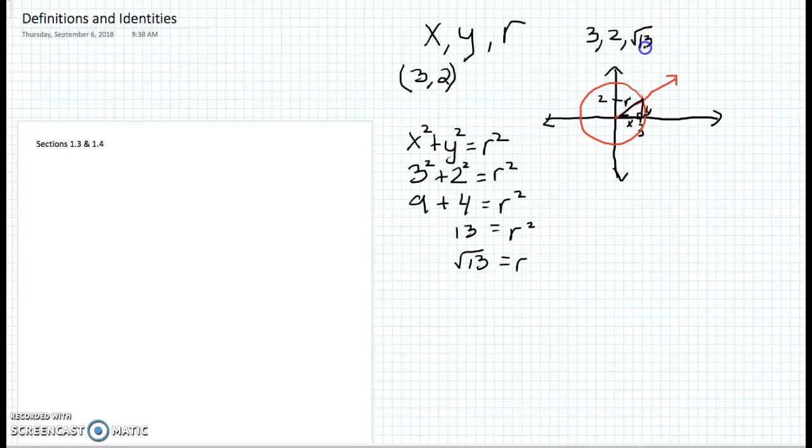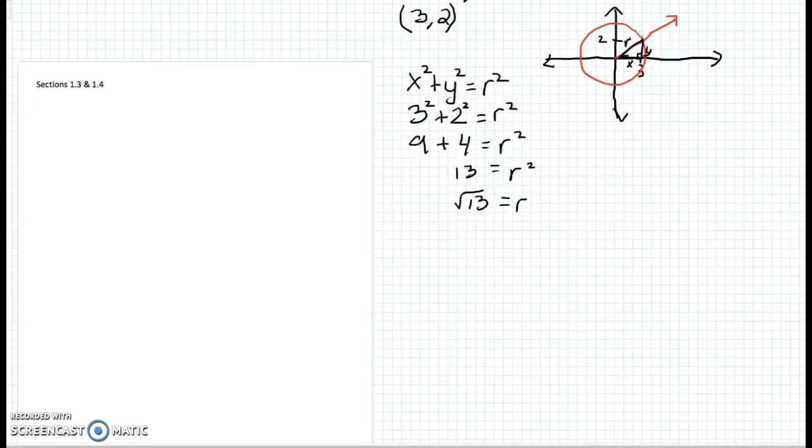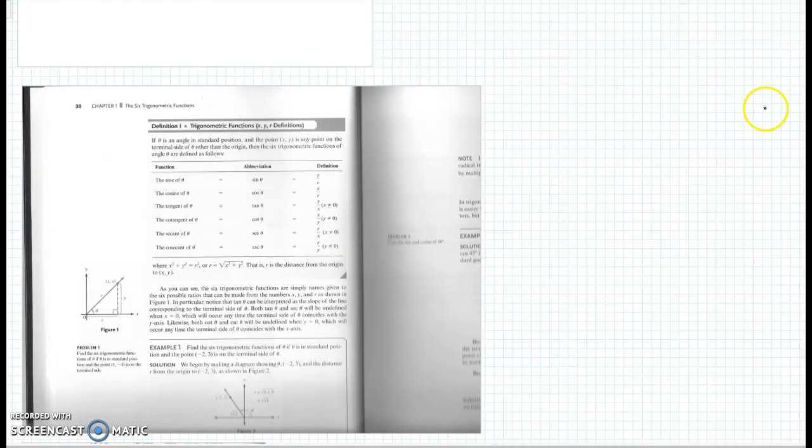Now the important thing is to realize that from these 3 values you get 6 trig functions, and that's introduced in section 1.3. I'm going to point out to you that this table right here is something that you need to know very well. That is, you have to memorize it.